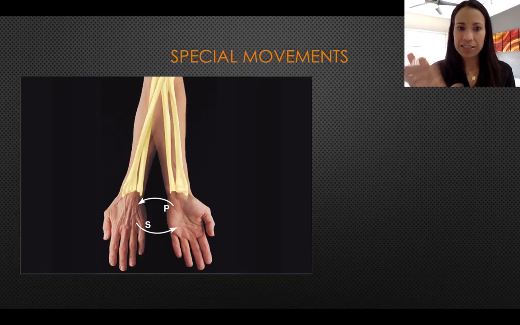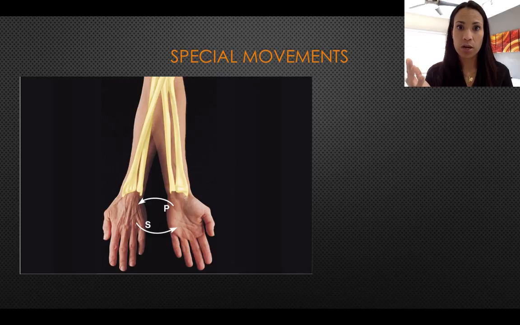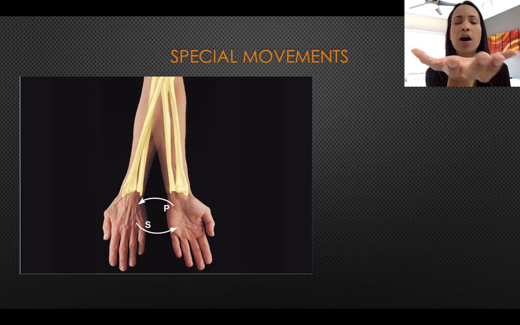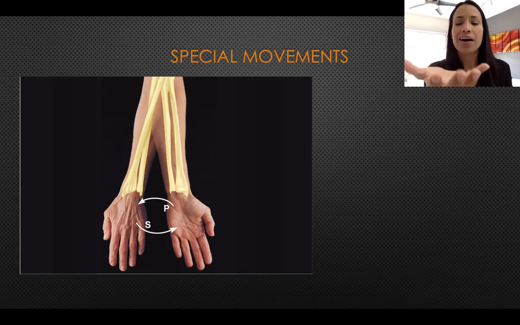Another special movement, and this is an exclusive movement of the forearm. And then we have pronation and supination. When you put your palms facing up, like you're holding a warm bowl of soup, I call this movement the supination, S-O-U-P instead of S-U-P.